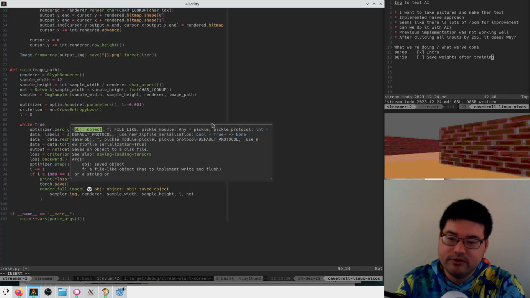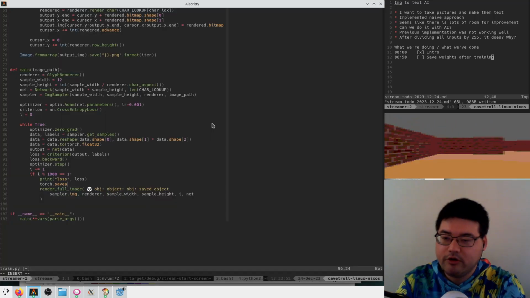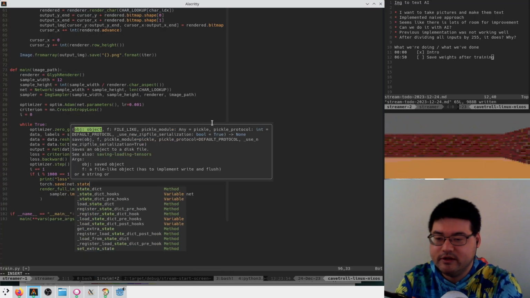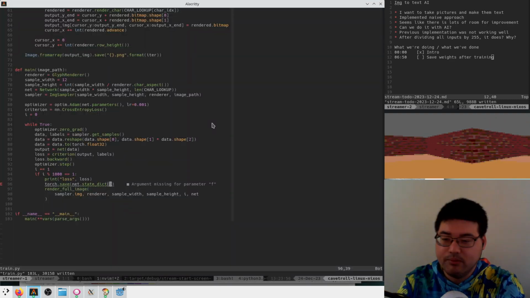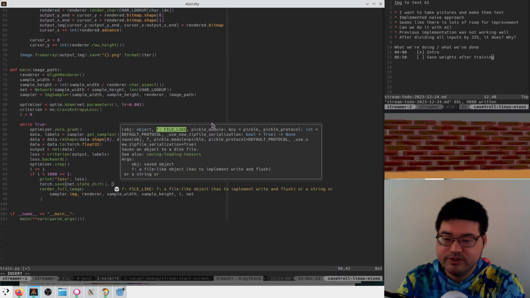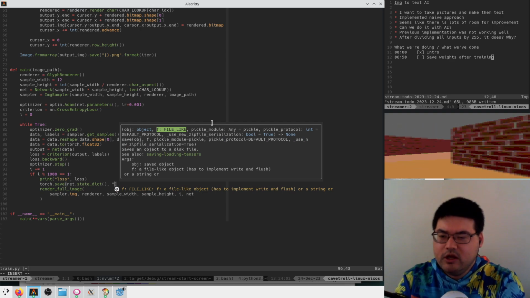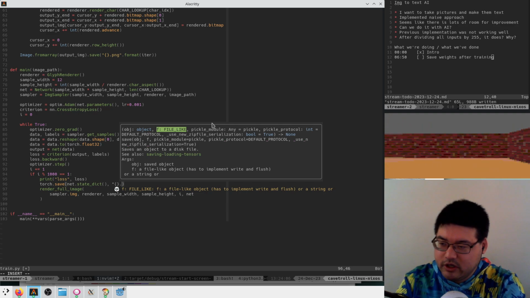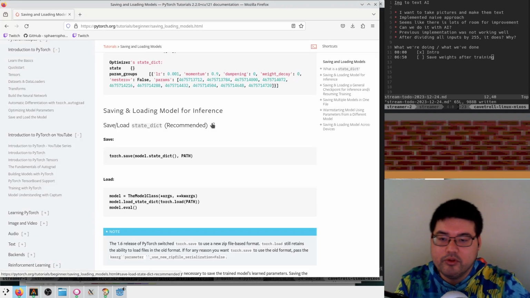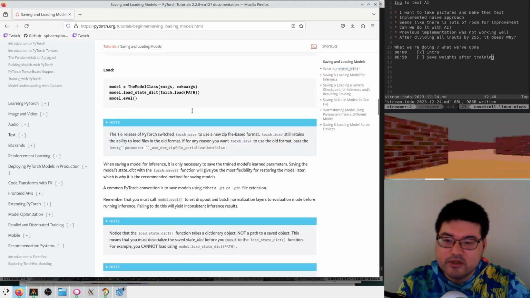So we can say, what did they do? Model state dict this. And we need to save it somewhere, so we will save it to the iteration number dot, what do they use? Is there a file extension for this thing people use?